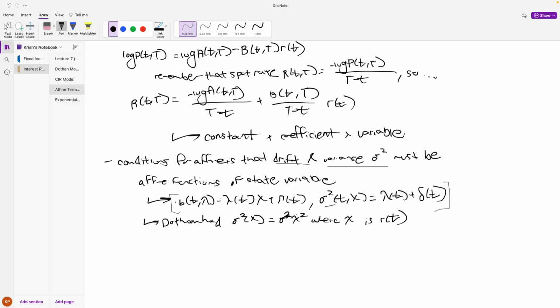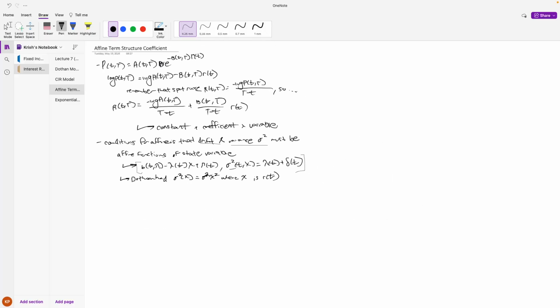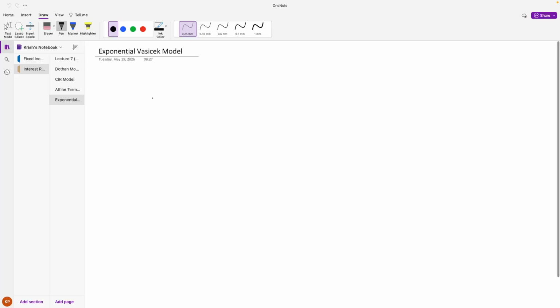Okay, that's basically all I wanted to talk about for the affine term structure. It's just these two coefficients need to be met in order to be affine, which was the case for Vasicek and CIR. And so the last model that we have is the exponential Vasicek model.